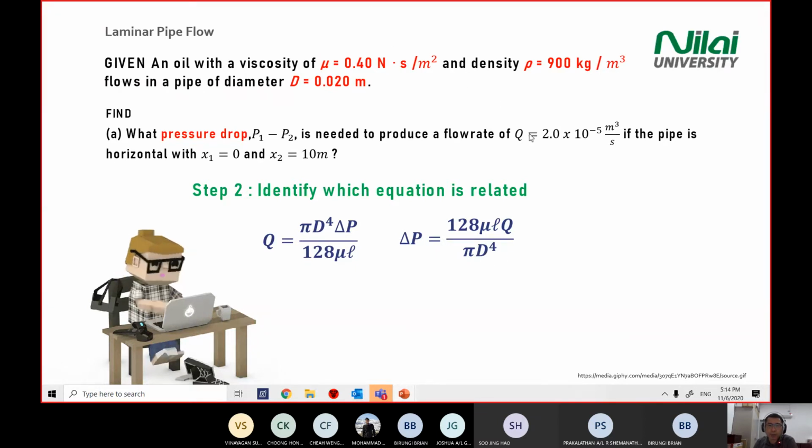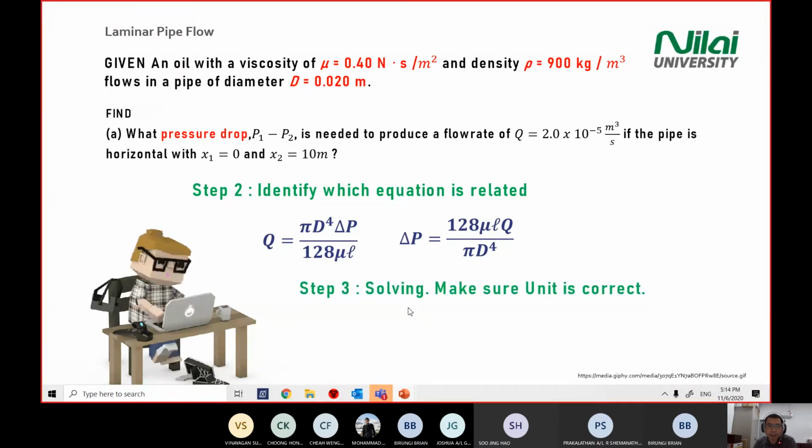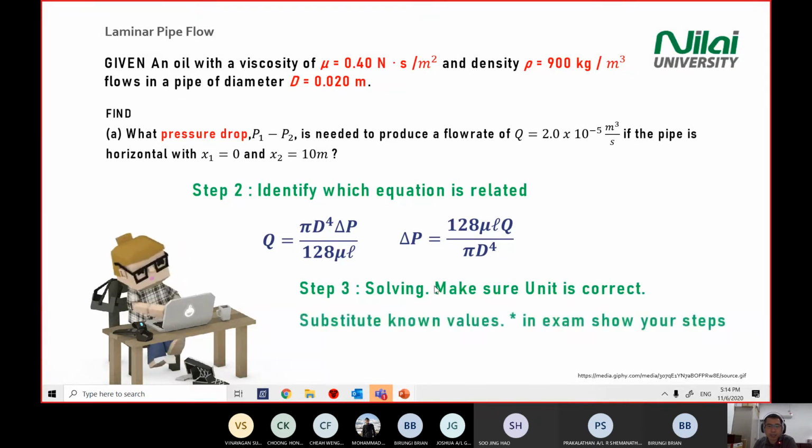Because we are given the Q, we want to find delta P. So look for an equation that has the unknown that you want to find. In this case, we have the Q. Then we rearrange the equation. We get delta P equal to 128 mu L Q divided by pi d power 4. Make sure you use the correct units inside the equation.